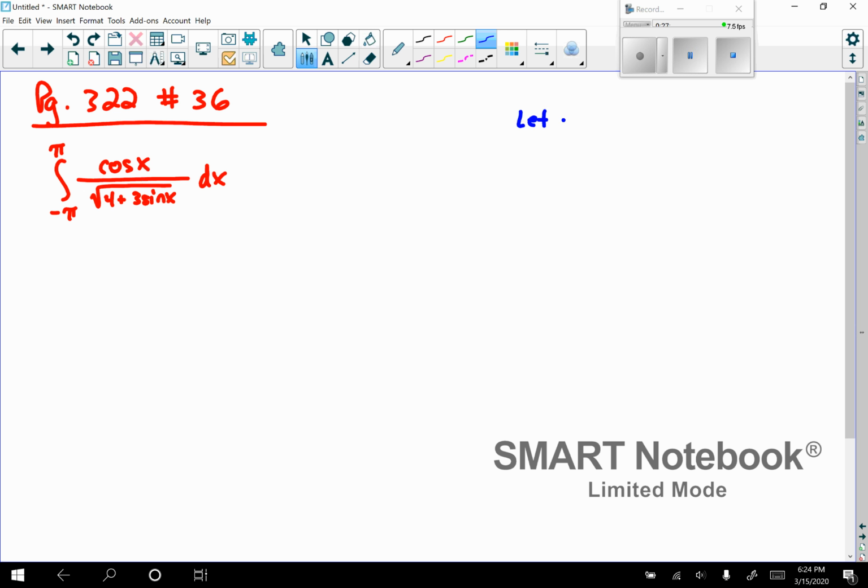So we're going to let u equal 4 plus 3 sine x, and du over dx is going to equal 3 cosine x. So du over 3 cosine x is going to equal dx.